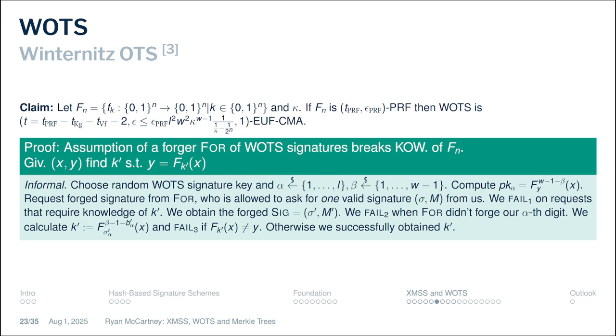Note that nowhere does this key one-wayness actually say that this k prime has to exist, so this is a failure probability that we have to take into account. But in principle, it just means finding this pre-image, just in the sense of finding a pre-image for the hash function.